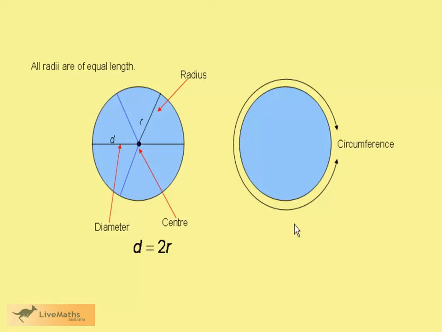One of the things the ancient Greeks were very interested in was the relationship between the length of the diameter for a circle and the length of its circumference. They found that the length of the circumference was equal to pi times the length of the diameter. Pi is a special number, which is why we give it a symbol rather than just writing the number out.